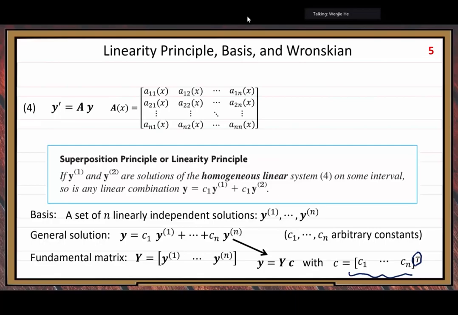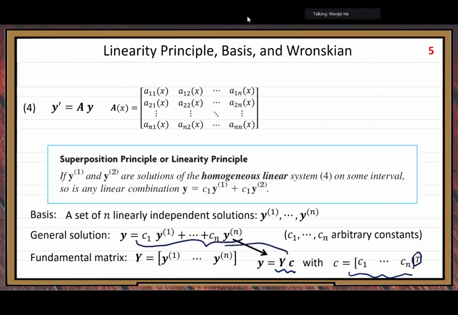Do you feel comfortable? I pause a little bit here because you need to feel comfortable. Can you see the expression here?